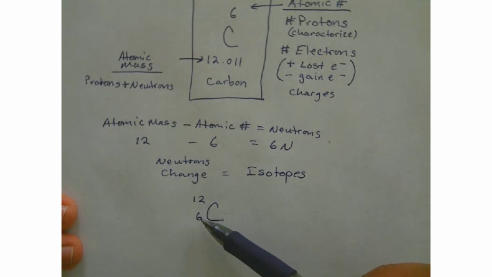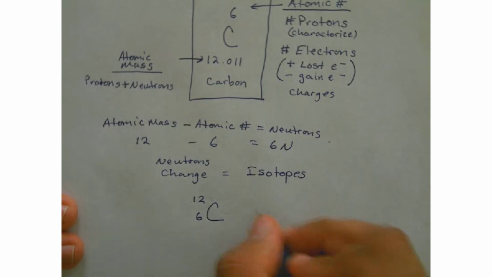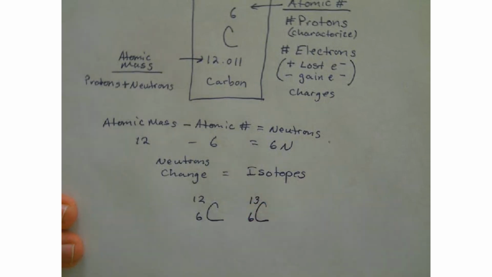Well, let's look at isotopes here. Another way they would write this if you're dealing with isotopes would be 13, 6. Well, it's still carbon, right? The atomic number hasn't changed. It's still 6, so we're still dealing with carbon here. What's different? Well, the mass is different, right? That means we're dealing with isotopes here. So let's do a quick calculation.